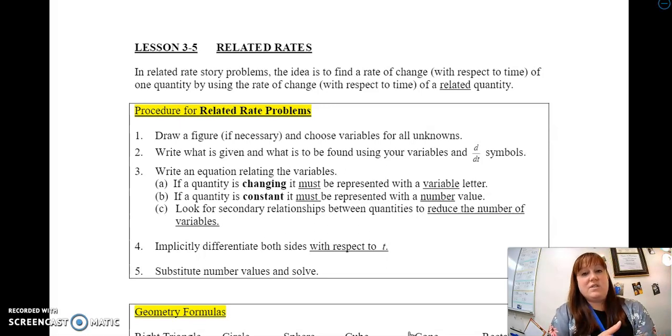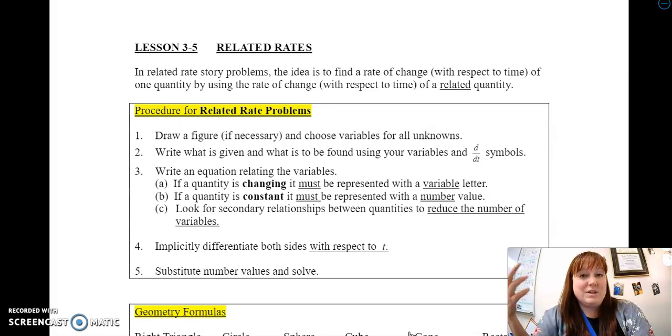Or maybe we're trying to find the rate of change of the height if we know how much the volume is changing. So we're trying to find the rate of change of one thing if we know the rate of change of other things. Related rates are always with respect to time, because they're rates, so things are always happening with respect to time.